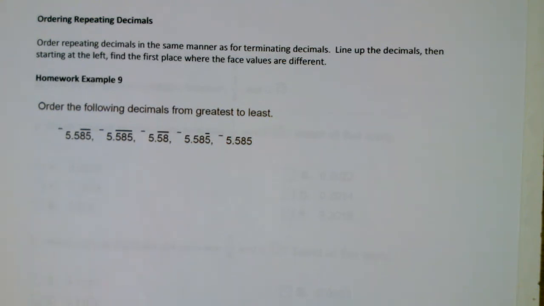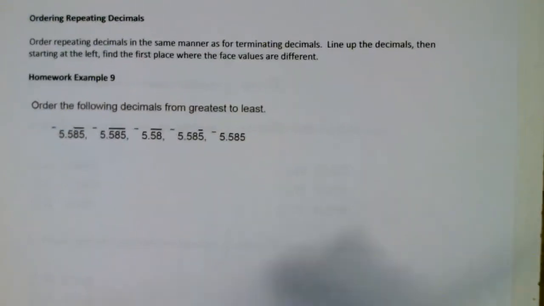We just line up the decimals and then, starting at the left, find the first place value where the place values are different. So in this case, let's say we had these decimals here and we want to order them from greatest to least.